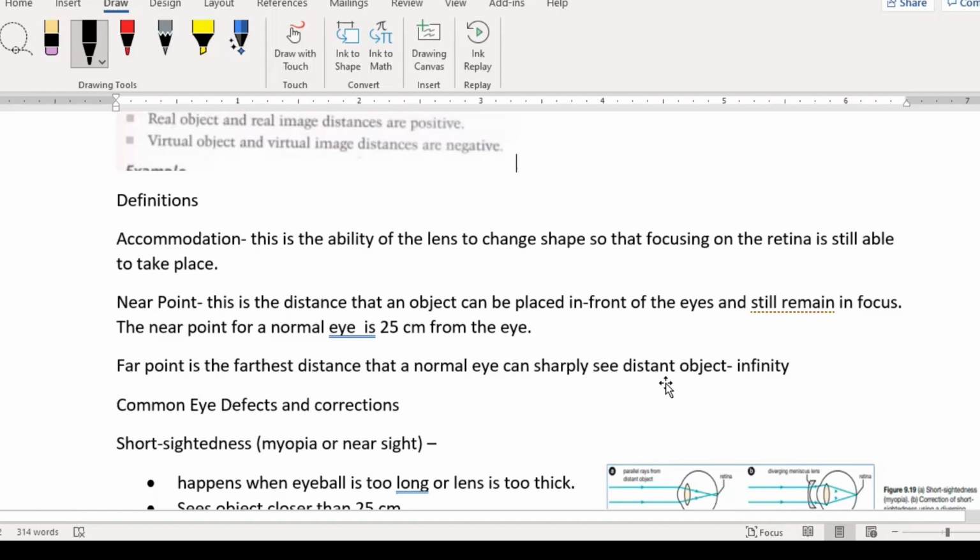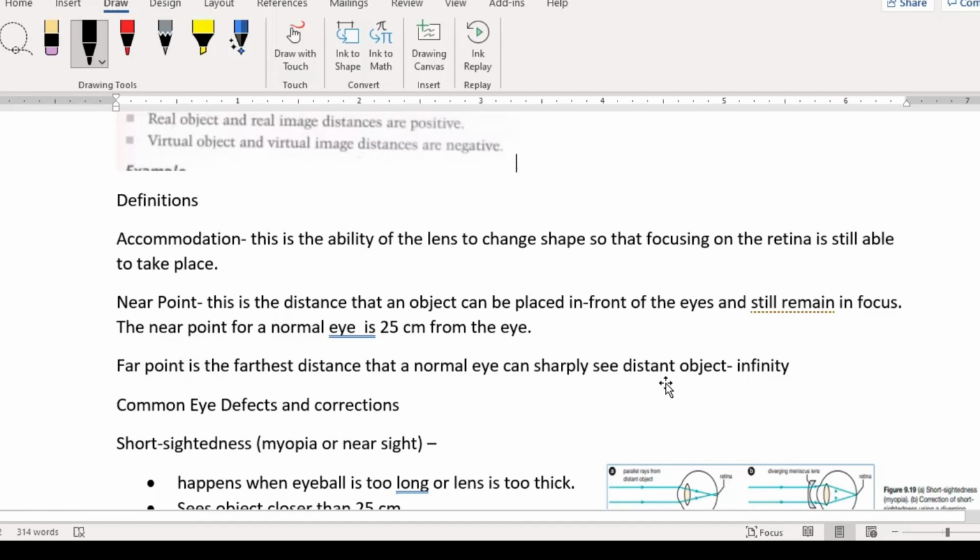Those persons would generally be farsighted, and you can correct me if I'm wrong, but I'll go through it from the notes that I have here. You would need a particular lens to correct that so that you can see closer objects.